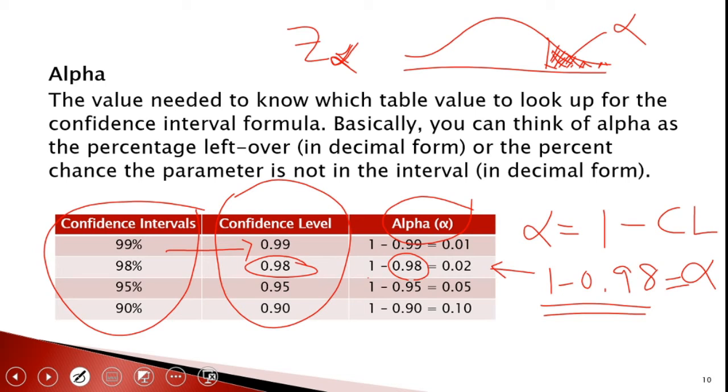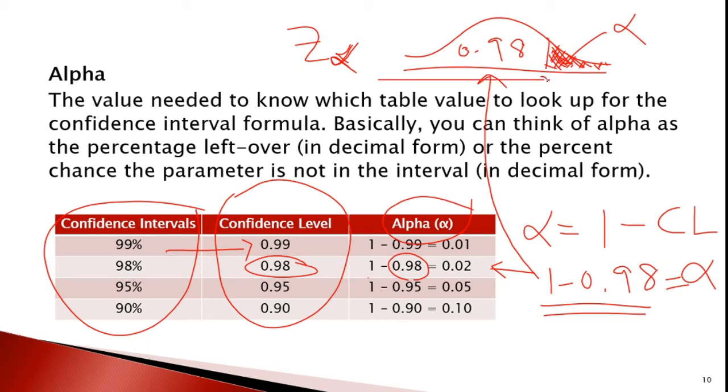If you consider this one, in this case this colored area is my alpha. So this is my 0.98 area, which I haven't colored. You can get this from negative infinity to this point.